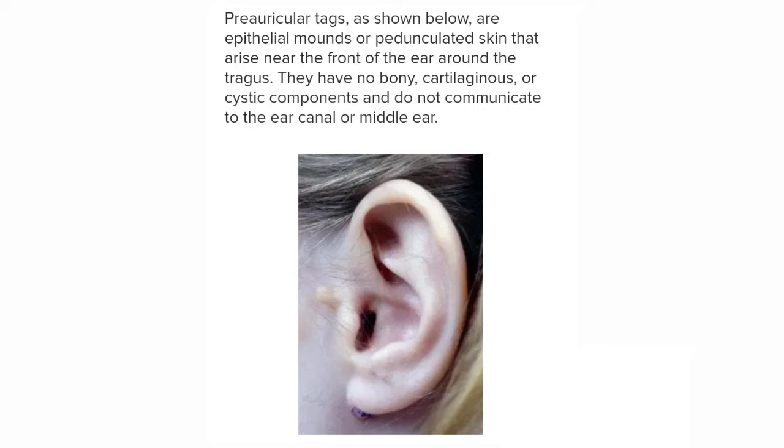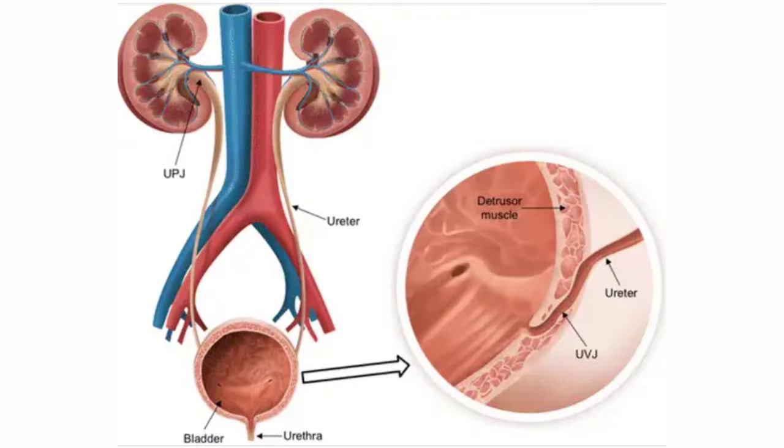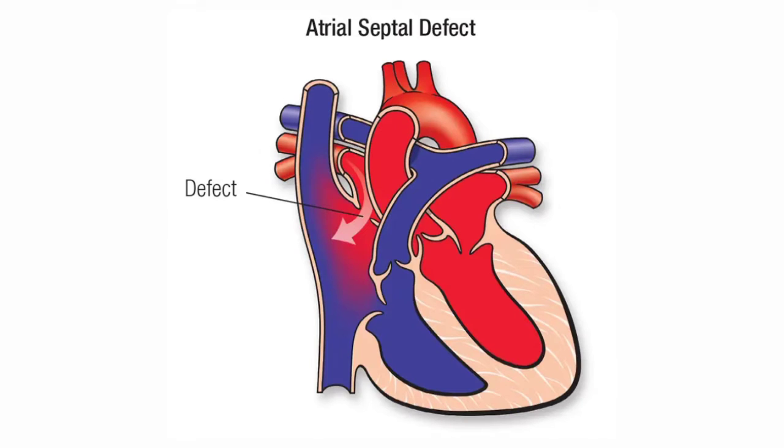So first is the preauricular tags. These are basically epithelial mounds and pedunculated skin tissue that are seen in front of the ear, mostly in front of the tragus. They usually are cosmetic issues, and the important thing is that these are associated with other abnormalities, mainly involving the genitourinary tract, and also sometimes associated with congenital heart diseases.